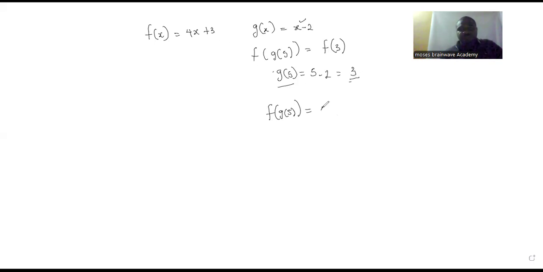So I have 4 into 3 plus 3, right? So I'm going to get here 12, then plus 3, which is 15. You can check to verify. Fantastic. So I can have so many other examples over here.